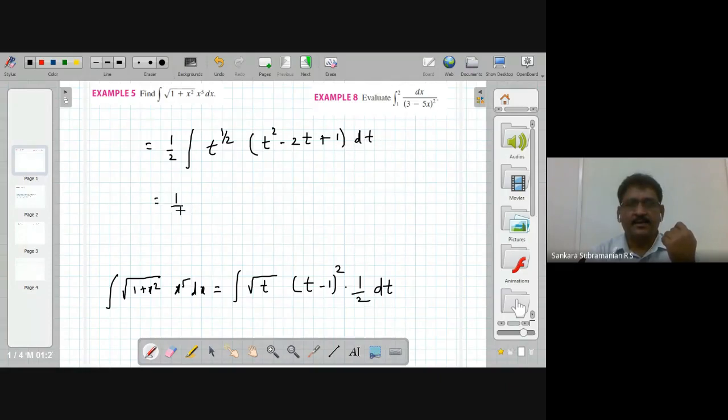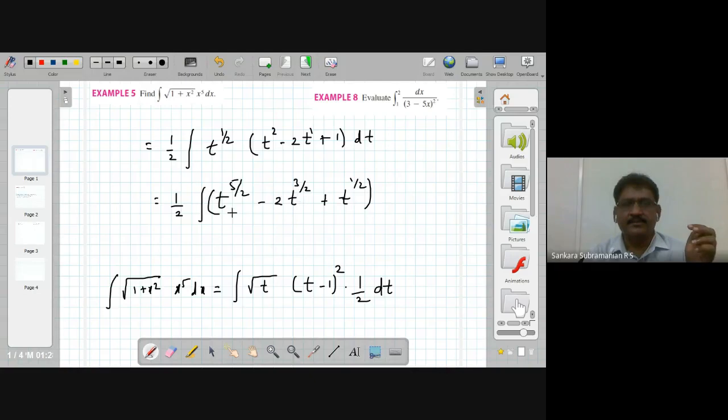This is equal to 1 by 2 times of, this is 2 plus 1 by 2, t to the power 3 by 2, minus, 5 by 2, because this is 2.5, right? 5 by 2 minus 2 times of t to the power, this is 1 and this is 0.5, so 1.5, 3 by 2, and plus t to the power 1 by 2 into dt.